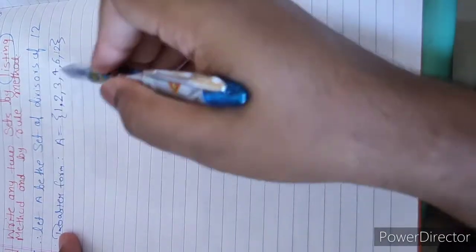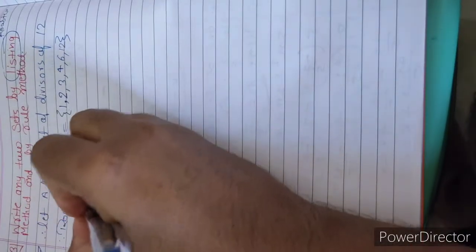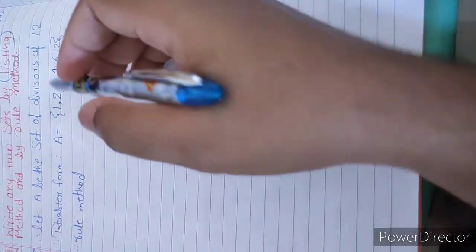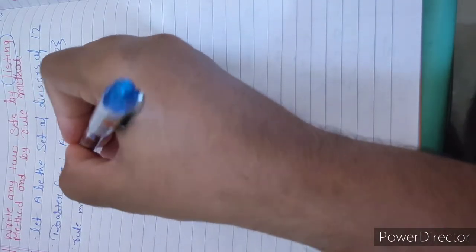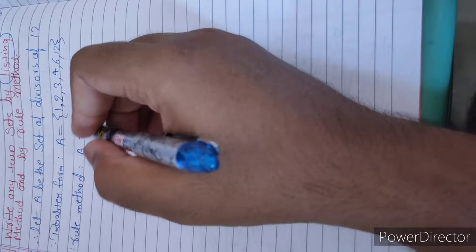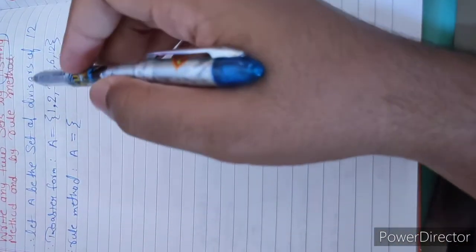Now we are writing in rule method. Rule method is also known as the set builder form. So here, A is equal to curly bracket. In rule method, as I discussed, we consider some variable for denoting that set.